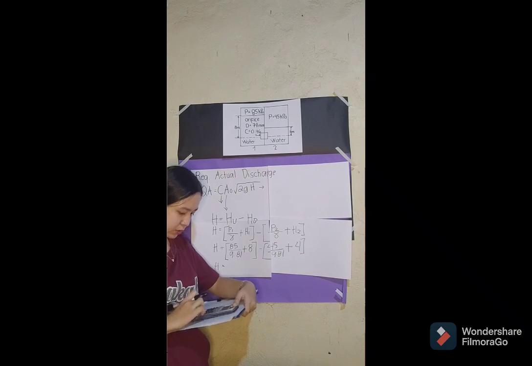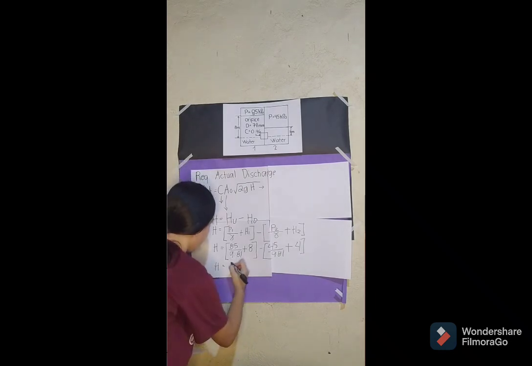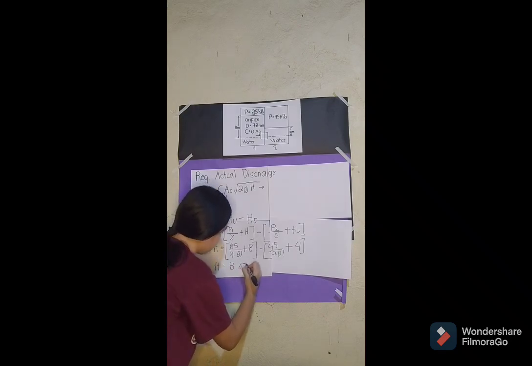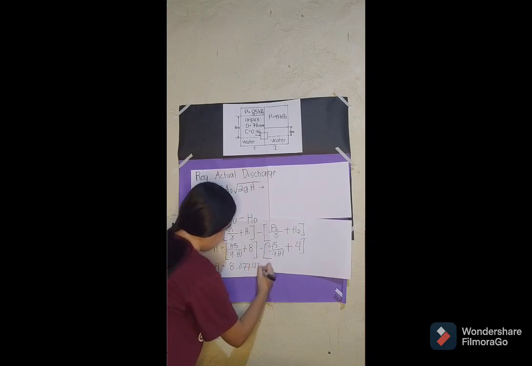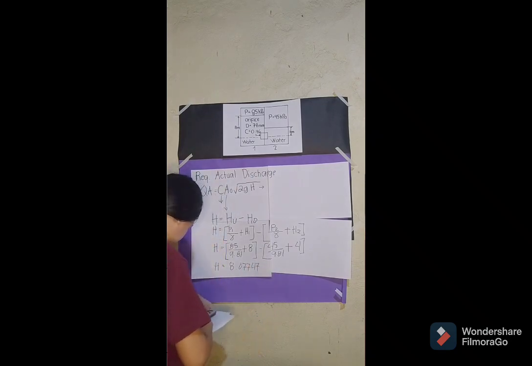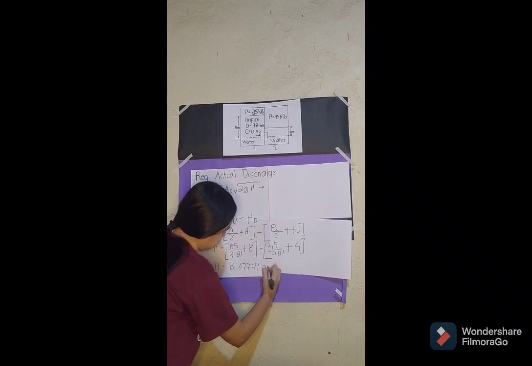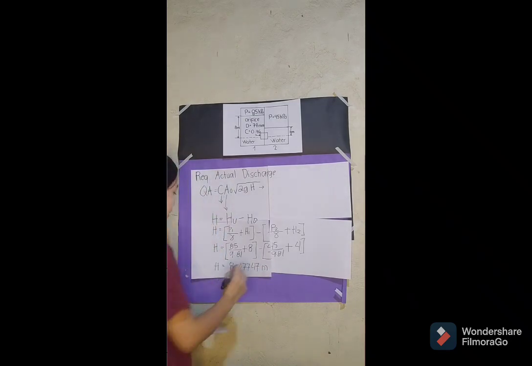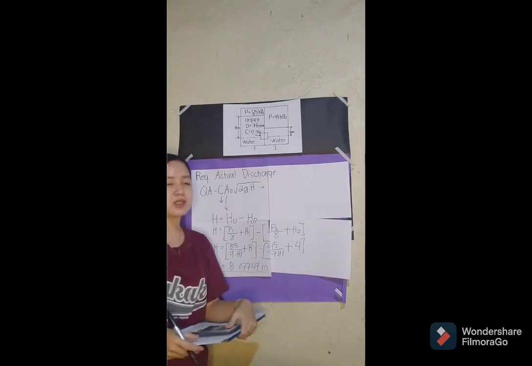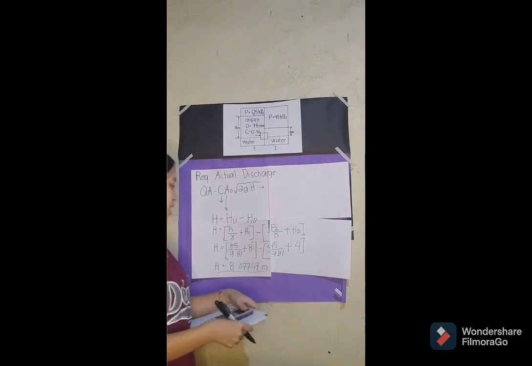So our H is 8.07747 meters. We already have our H here, which is 8.07747 meters.